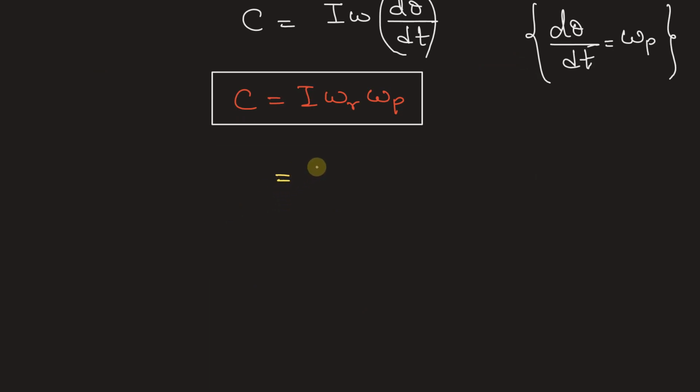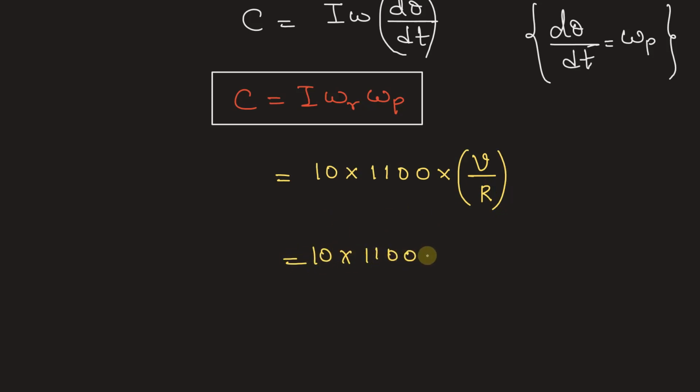We can substitute the values here. I is given 10, omega r is given in the problem as 1100 radian per second, into omega p. Omega p is d theta upon dt, that is v upon r, where r is the radius of turn. So this will come out to be 10 into 1100 into v, where v is 222.22 meter per second, divided by 1500 meter.